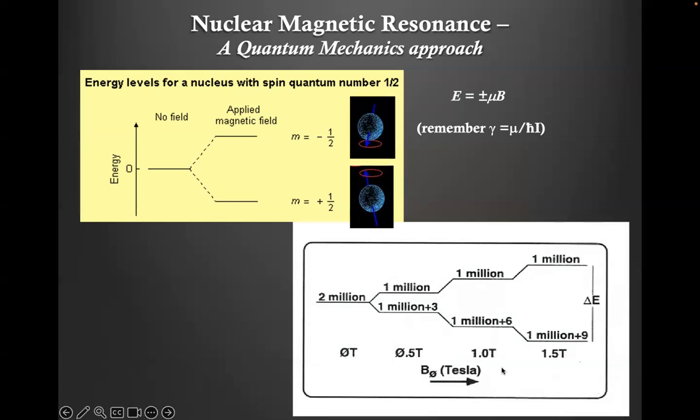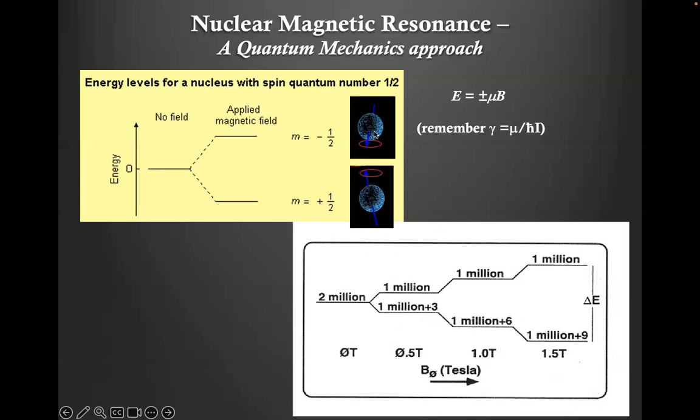And the stronger the magnetic field, the bigger the energy split there's going to be. Also, out of that 2 million protons, these parallel versus anti-parallel protons are going to be roughly evenly split, except that you're always going to have a little bit more in this lower energy state, which is the parallel to the main magnetic field state. And the higher the field strength, you are going to get a little bit more of these excess protons.